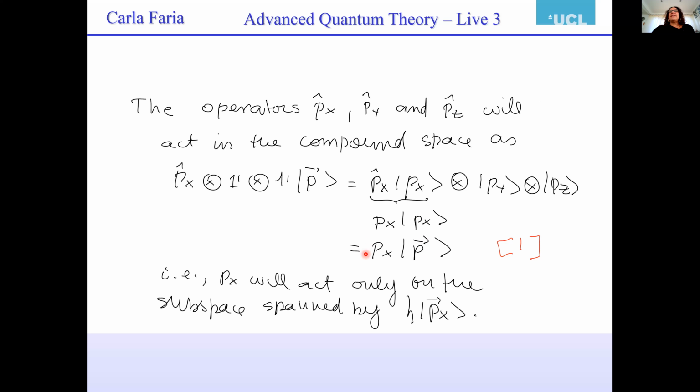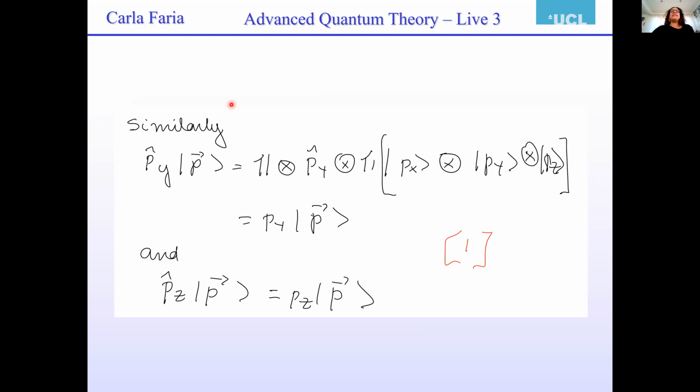So you can show that this px is also an eigenvalue of the compound system, and this operator satisfies the eigenvalue equation for this case. And you can do the same for the other two momentum coordinates. So this is an example of a continuous compound basis.